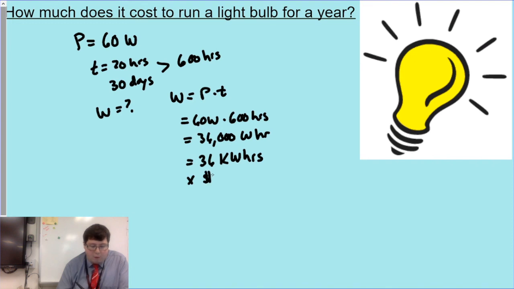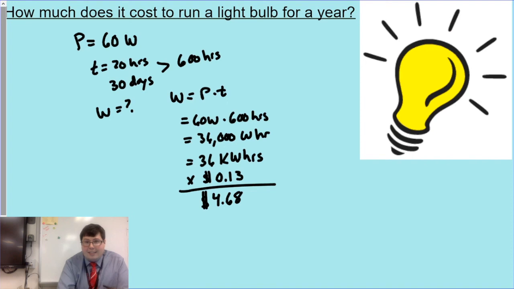So we're going to multiply my 36 kilowatt-hours times 13 cents, or $0.13. So 36 kilowatt-hours times 13 cents per kilowatt-hour, I end up getting a grand total of $4.68 to run my light bulb.